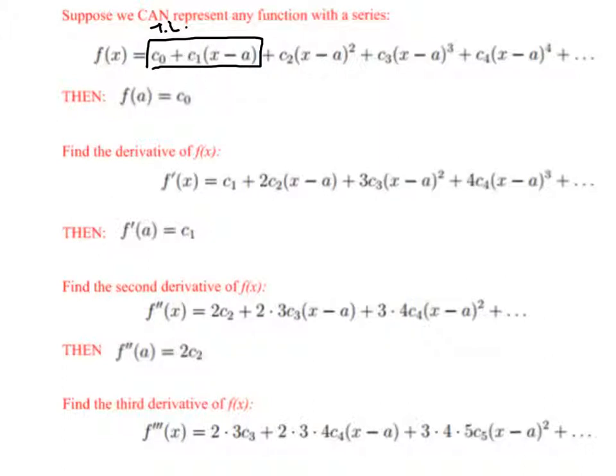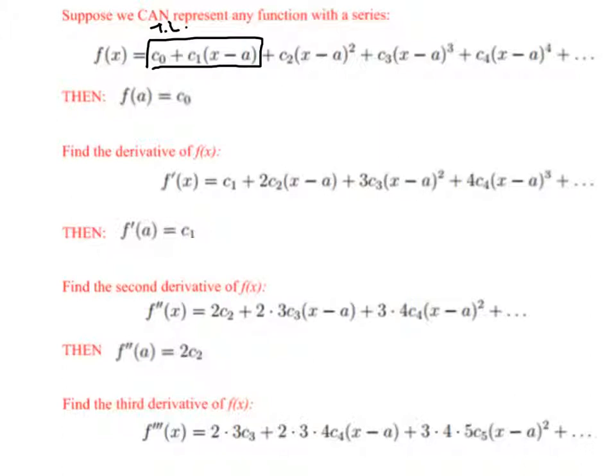Okay, let's keep going. So now I find the second derivative. Well, the derivative of this is 0. The derivative of this is 2 times c2. Here we bring the 2 out front, drop the power by 1. Here we bring the 3 out front, drop the power by 1. You can see I've done that. So if I plugged in a, of course, a minus a, these terms would cancel, and I'd be left with 2 times c2.